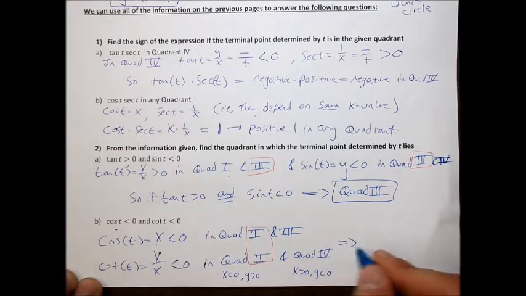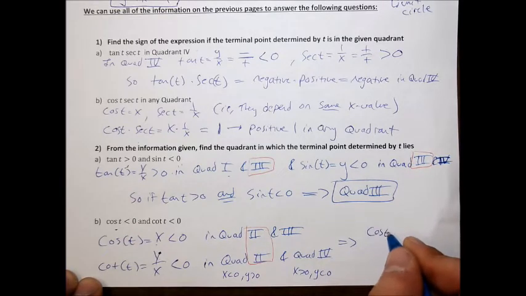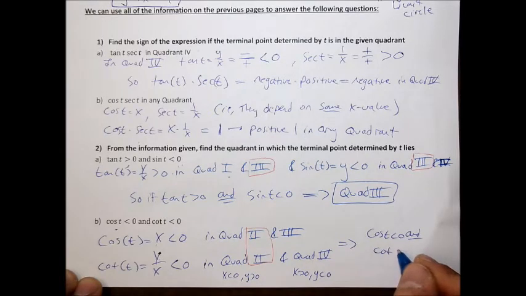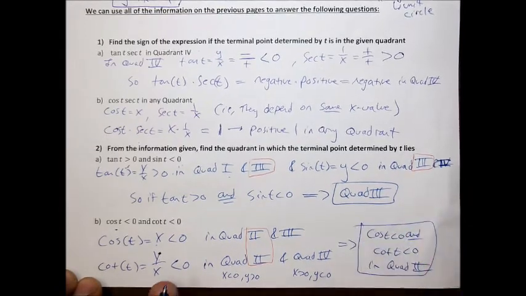And so the answer to this would be cosine is negative and cotangent is negative in quadrant 2. But again, we related it back to box 1 by knowing what the values of those trig functions are in terms of x and y. If we can just relate it back to box 1, these problems really aren't terribly difficult.